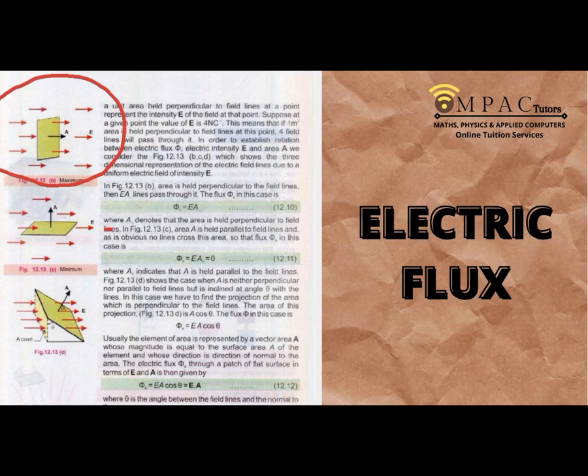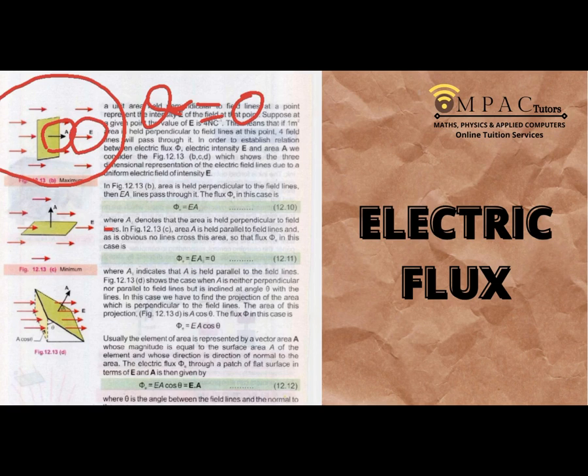Yes, the plane is perpendicular to the electric field lines. The plane makes 90 degrees with the electric field lines, but the theta in the formula is not the angle between the plane surface and the electric field lines. It is the angle between the vector area and the electric field lines. So it is 0 here. The angle is 0 between the vector area and the electric field lines.